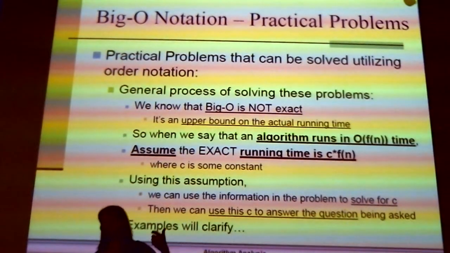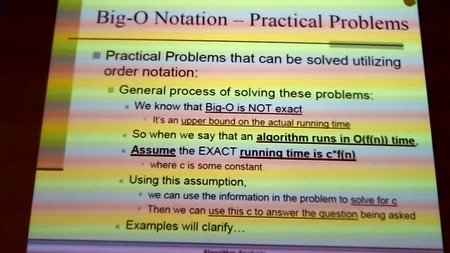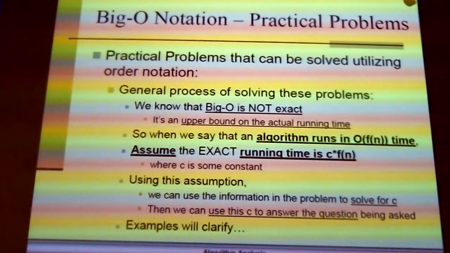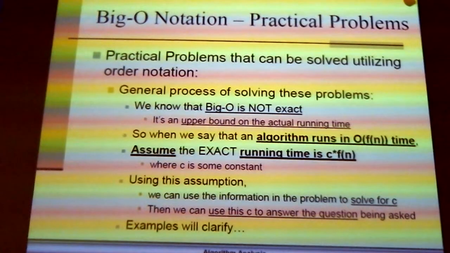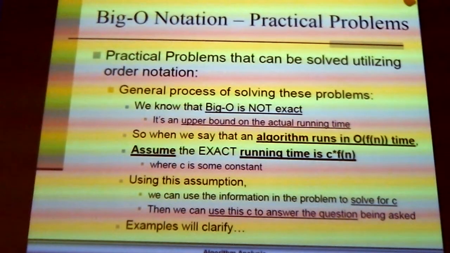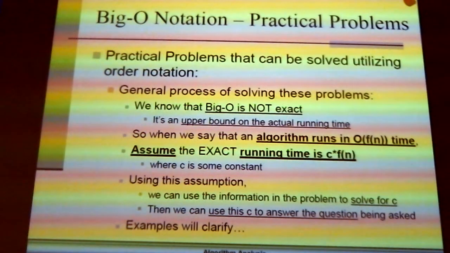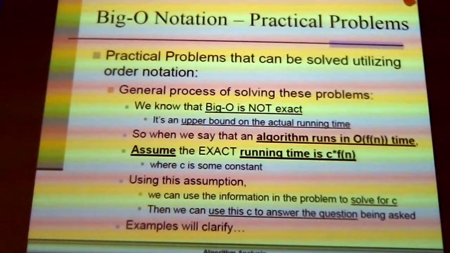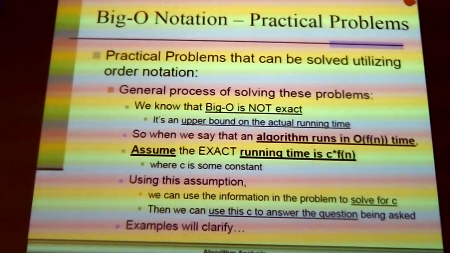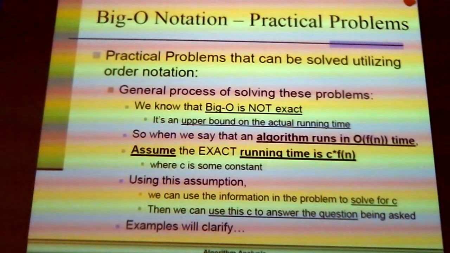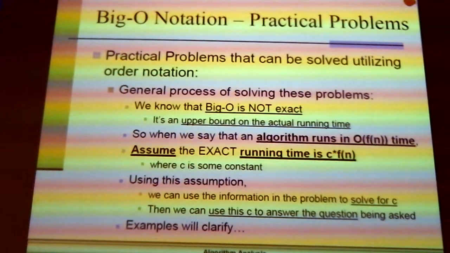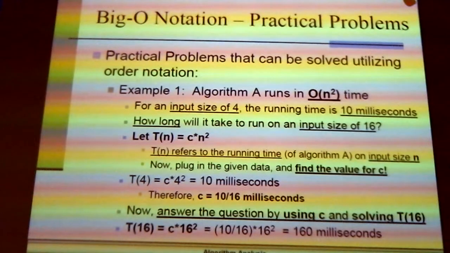So we get that constant value, and it gets us closer to the exact running time. What this does for us is give us the opportunity to solve for C. And when we solve for C, then we can use that value to actually compute our running times.